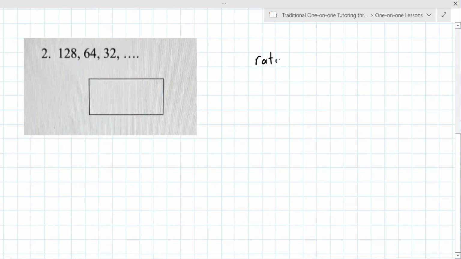So the ratio in this problem, you can see that they're going down, they're getting smaller, but you take the 64 over the 128. Now you're probably allowed to use a calculator. Do you have one handy, or can you tell me the value of this when you divide 64 by 128? Okay. And if you don't have one, I'm going to send one in the chat here.